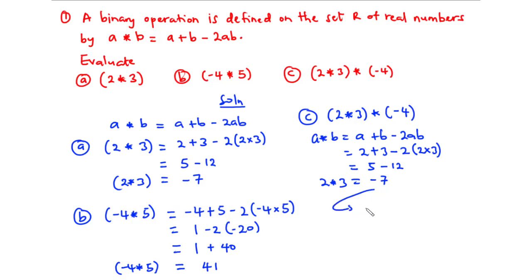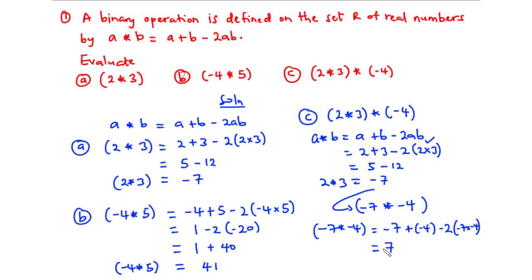So now the result for 2 star 3 is negative 7. So it's going to be negative 7 star negative 4. We are going to apply this operation on negative 7 and negative 4. So negative 7 star negative 4 is equal to negative 7 plus negative 4 minus 2 into bracket negative 7 times negative 4.